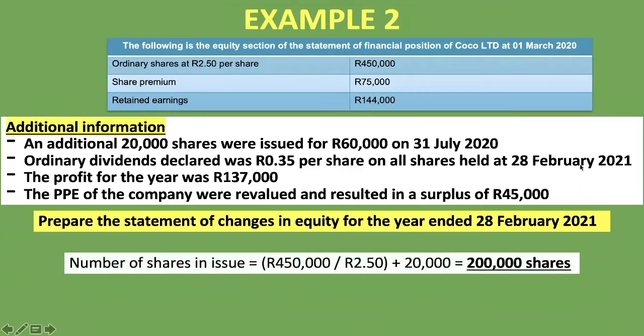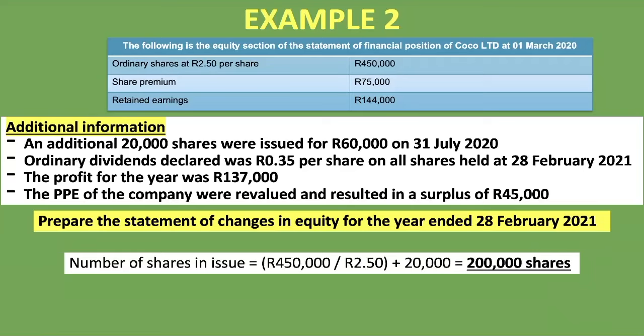So here we go. We have 450,000 rand, which is the value of the shares we had at the beginning, divide by 250 par value per share, and then we add the 20,000 shares that we issued during the period, and it will give us a total of 200,000 shares. That means in total at 28 February 2021 we have 200,000 shares.